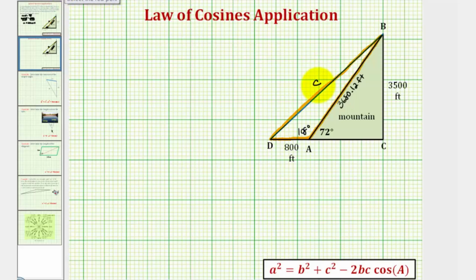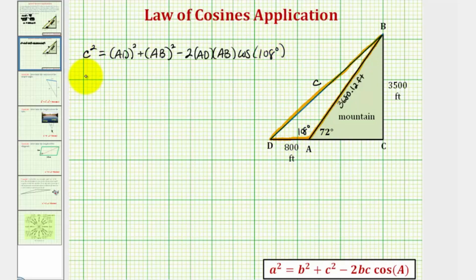we would use the law of cosines in the form C squared equals the two other sides would be AD and side AB. So we'd have the length of AD squared plus the length of AB squared minus 2 times the length of AD times the length of AB times cosine of the angle opposite side C, which measures 108 degrees.